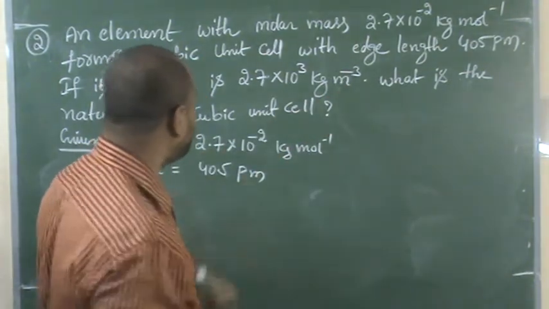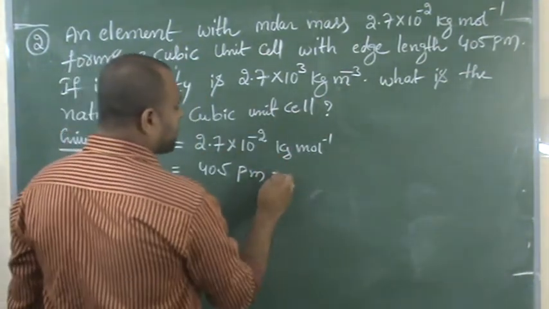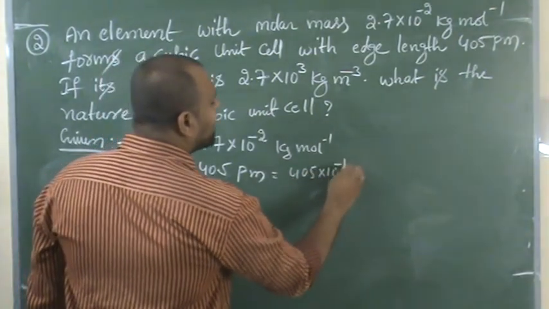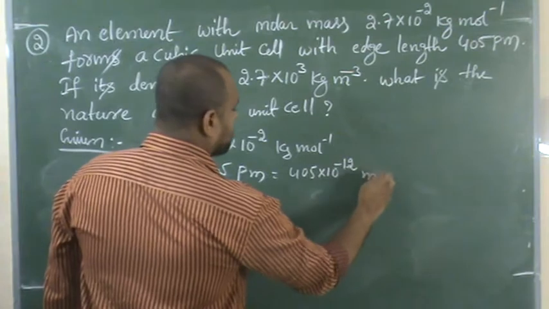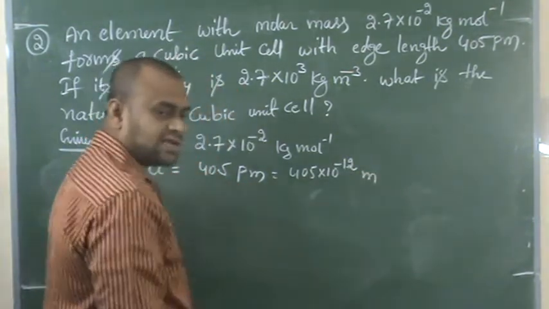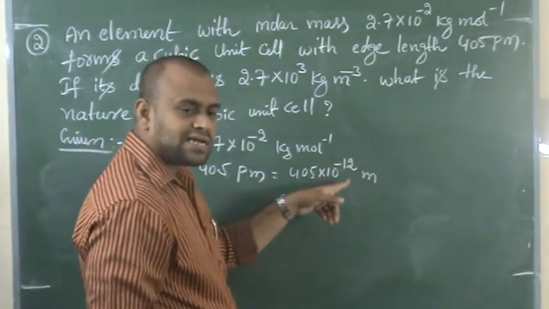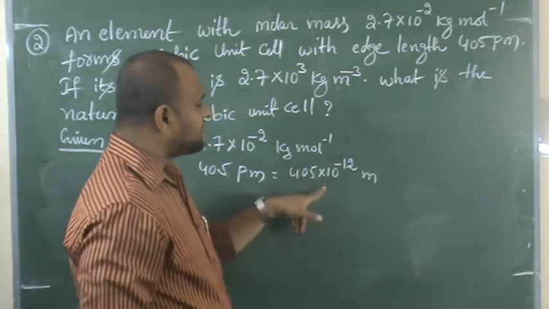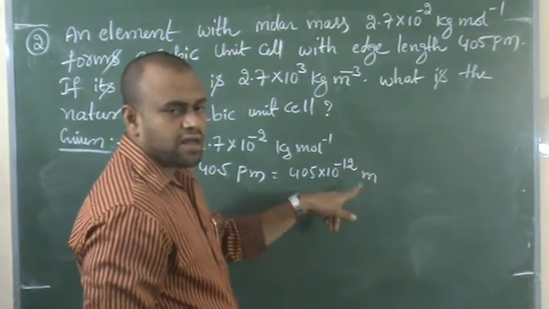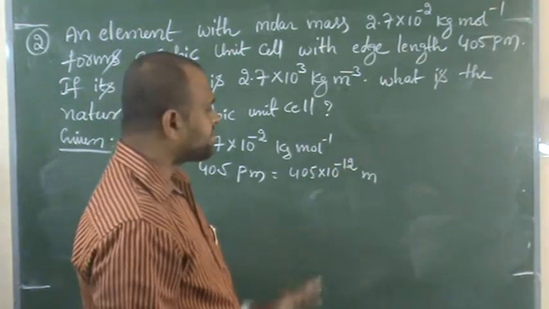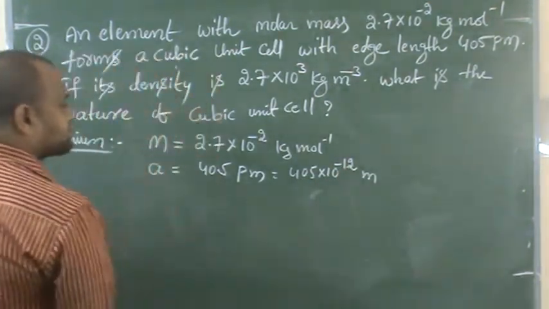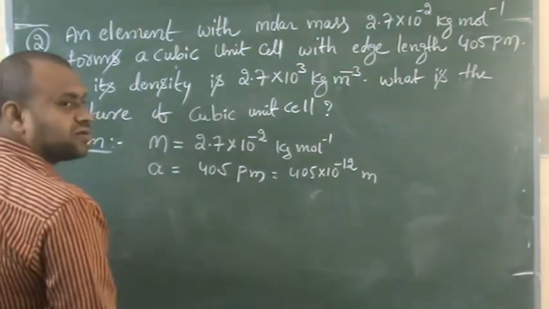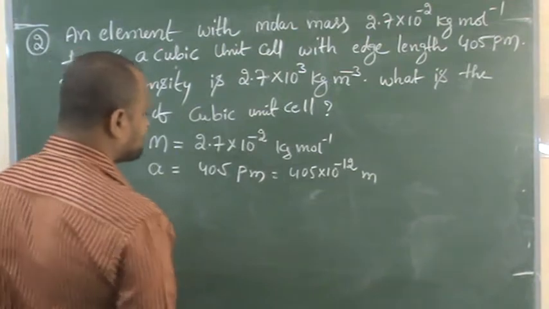Convert this into meters. That is 405 into 10 to the power of minus 12 meters. If it is centimeters, 10 to the power of minus 10 centimeters. If it is meters, then it will be 10 to the power of minus 12 meters. So a is equal to 405 into 10 to the power of minus 12 meters.